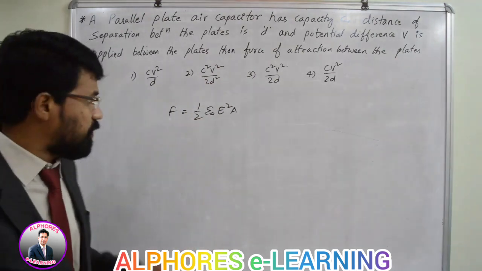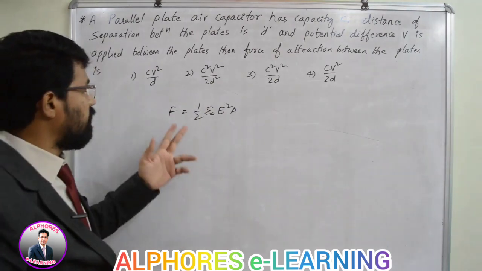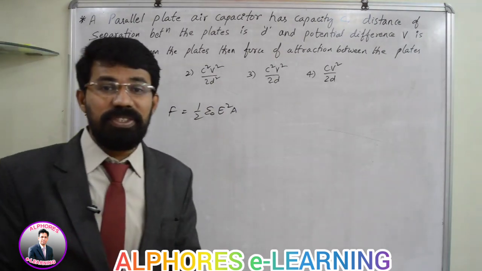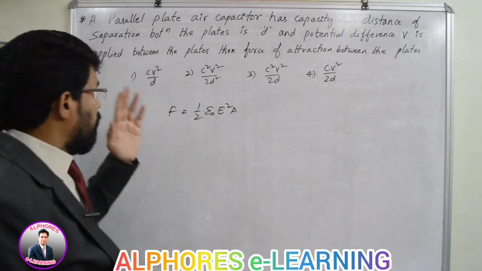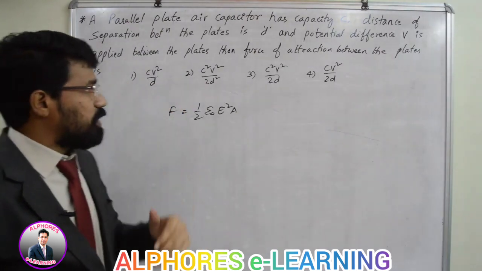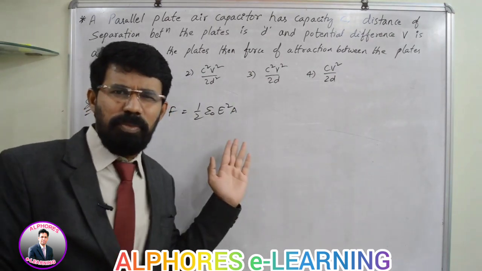All that you need to do is convert this equation into one of these forms. Finally, the force of attraction between the plates is expressed in terms of C, V and D. So by looking at these options, we get an idea how this equation has to be modified, because it can be modified into different forms.